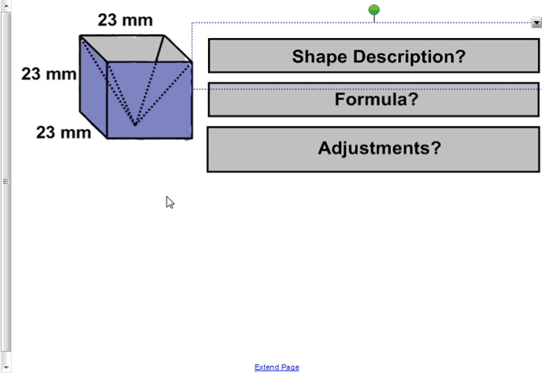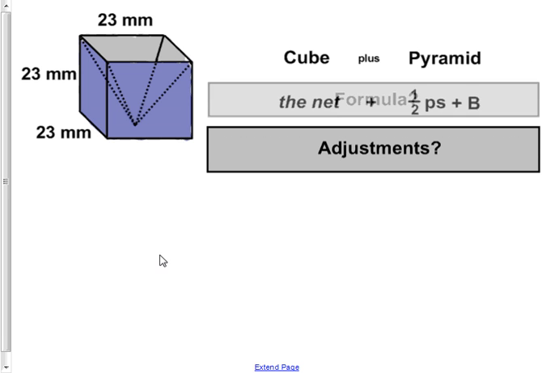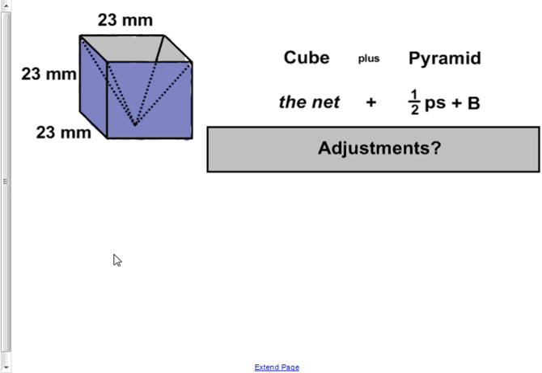So with our description, we're going to have to call this a cube plus a pyramid. And we do have a formula for the surface area of a cube. Each side is side squared, and of course there are 6 of them. And then our pyramid is 1/2 times the perimeter times the slant height plus the area of the base.